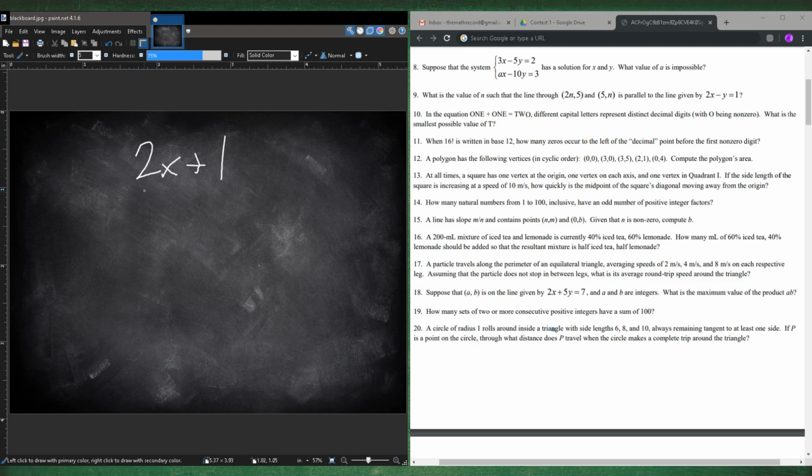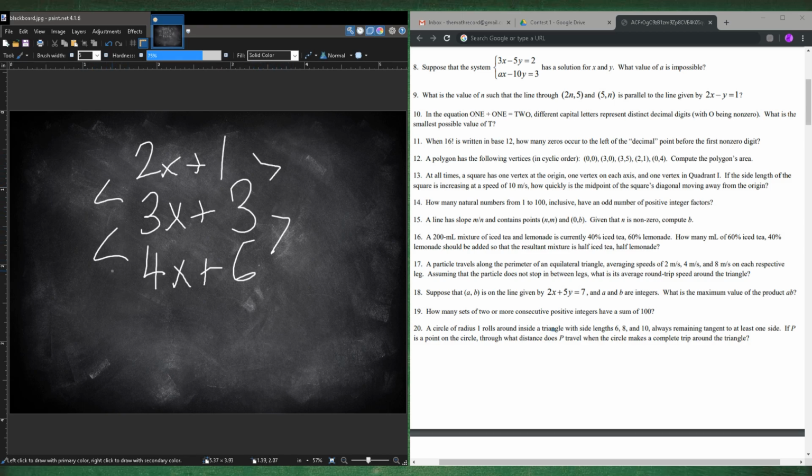If it's 3 consecutive integers, it's 3x plus 3, and 4 consecutive integers is 4x plus 6. You see how the constant is building up quadratically, and this one's just linear.